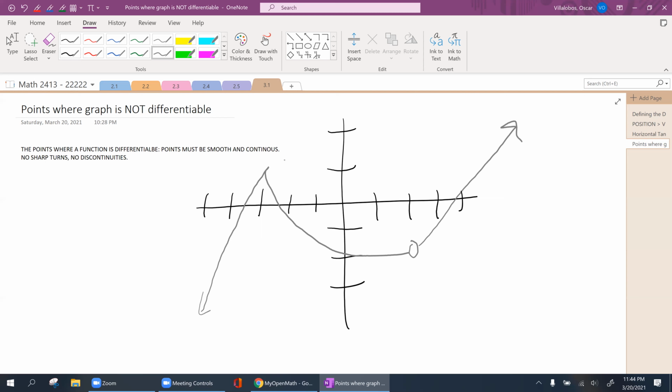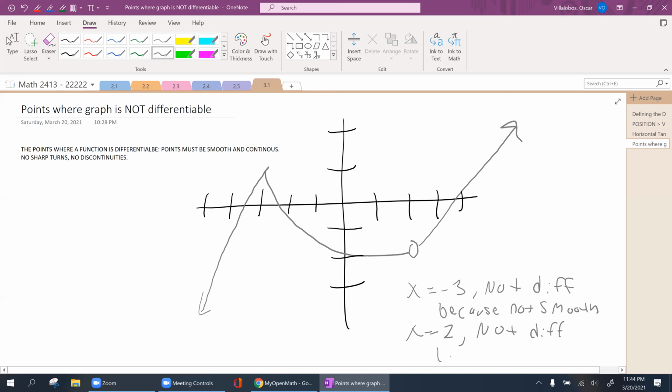Right here, it made a sharp turn at x equals -3, so at x equals -3, not differentiable because not smooth. Then at x equals 2, it's not differentiable because not continuous. So again, it all comes back to the definitions. Your points must be smooth and continuous, with no sharp turns and no discontinuities.